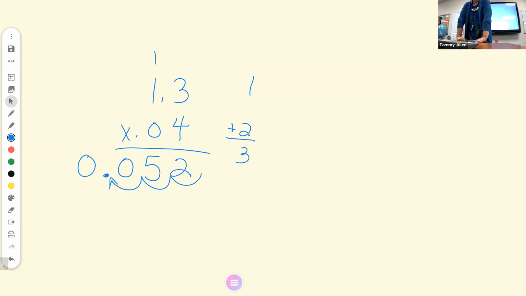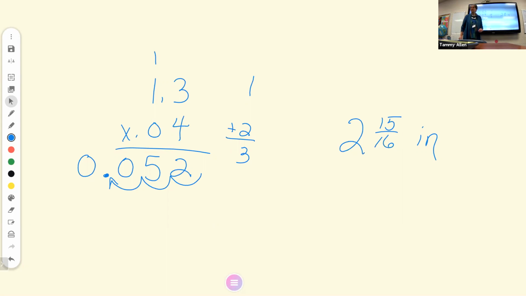There are 16 sections. The arrow is pointing to which one of those? Not the 16th one, but the 15th out of the 16. So it's at 2 and 15/16. And it is inches.